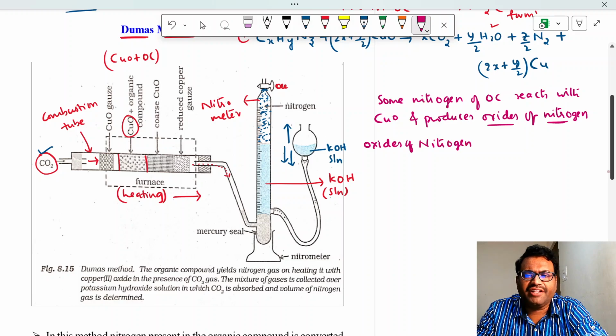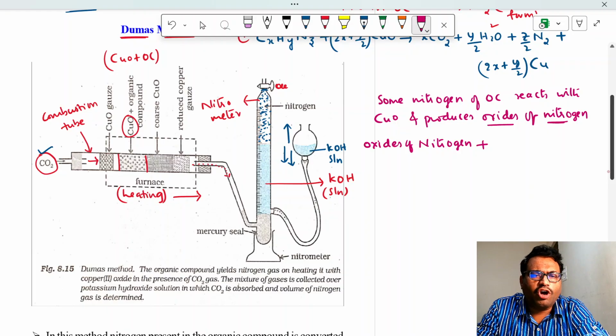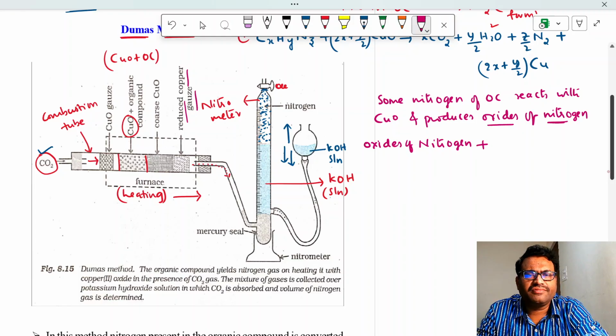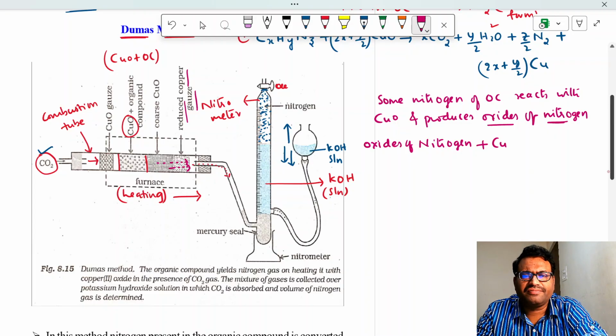Oxides of nitrogen are reacted with reduced copper gauze. Copper metal in the form of thin wires is called copper gauze. So when the released oxides of nitrogen pass through this copper gauze, they are converted into cupric oxide again and nitrogen gas is evolved.